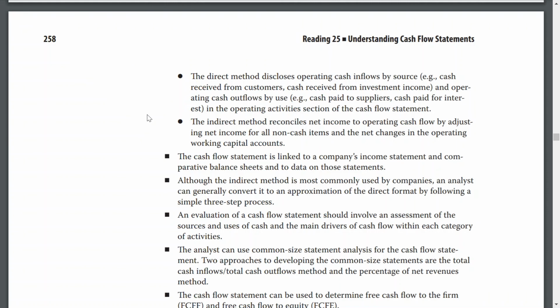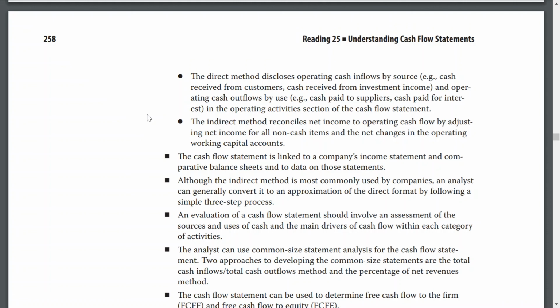cash paid for interest. In the operating activities section of the cash flow statement, the indirect method reconciles net income and operating cash flows by adjusting net income for all non-cash items and the net changes in the operating working capital accounts. The cash flow statement is linked to the company's income statement and comparative balance sheet and to data on those statements.